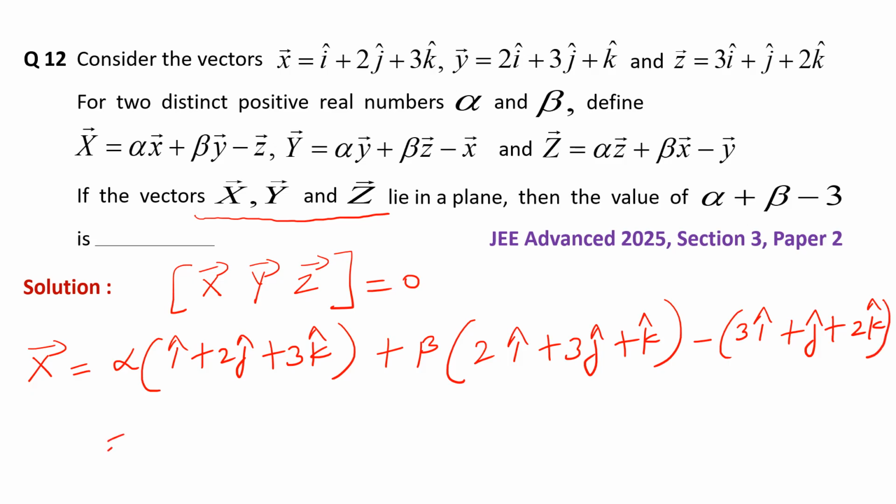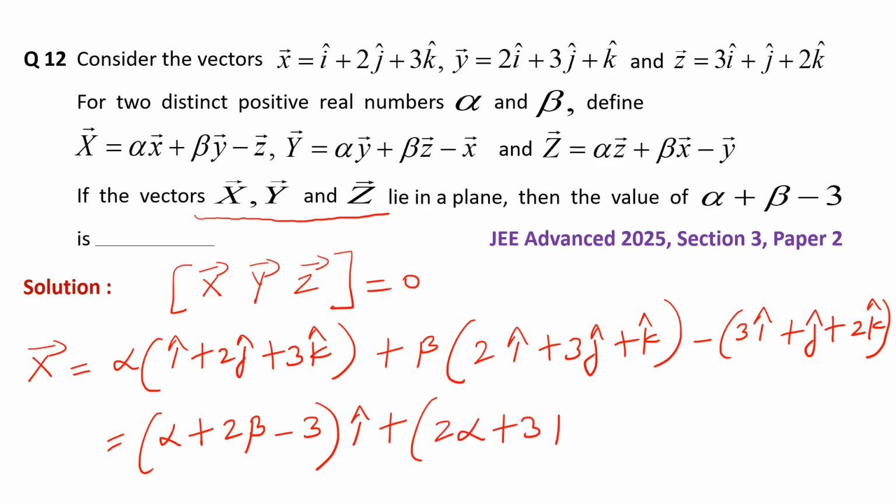Now students, this can be written as (alpha + 2 beta - 3) into i, plus (2 alpha + 3 beta - 1) into j, plus k into (3 alpha + beta - 2).